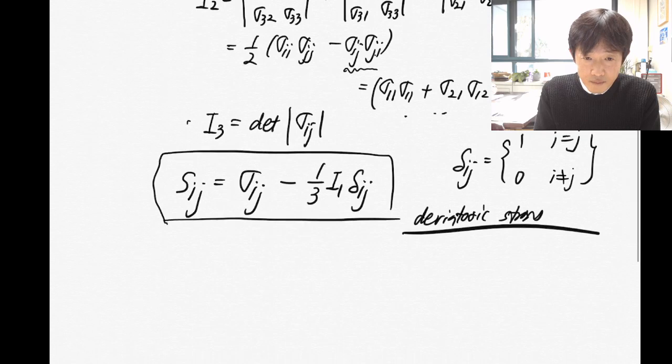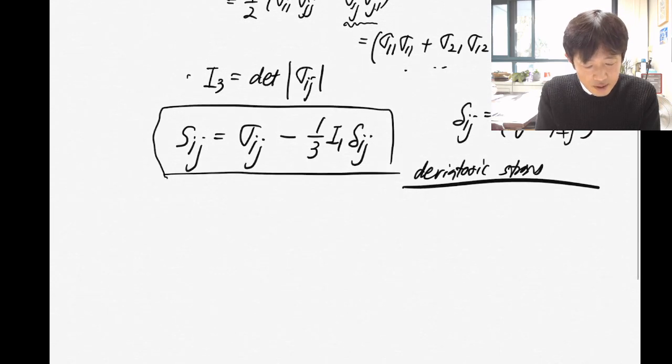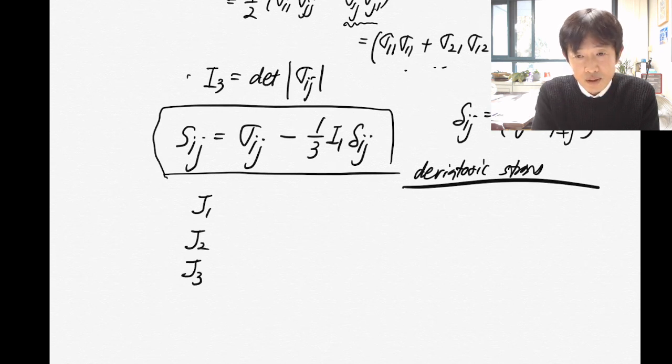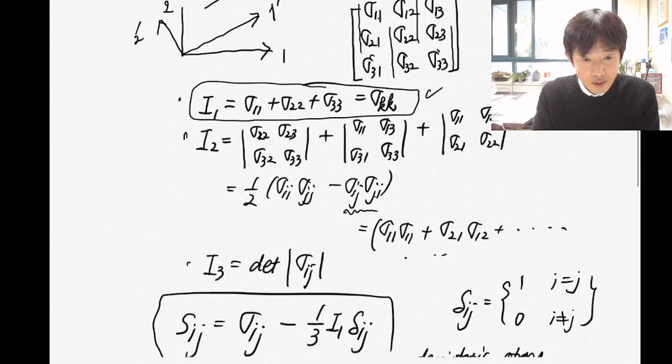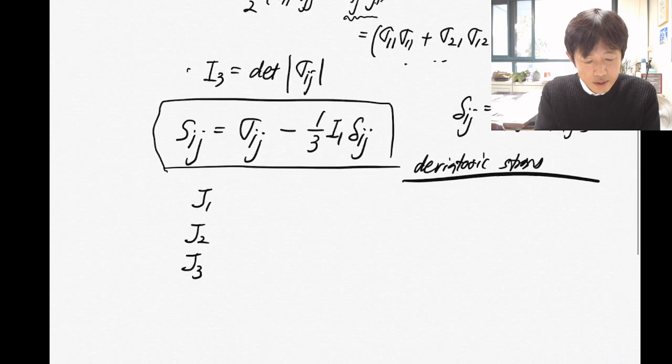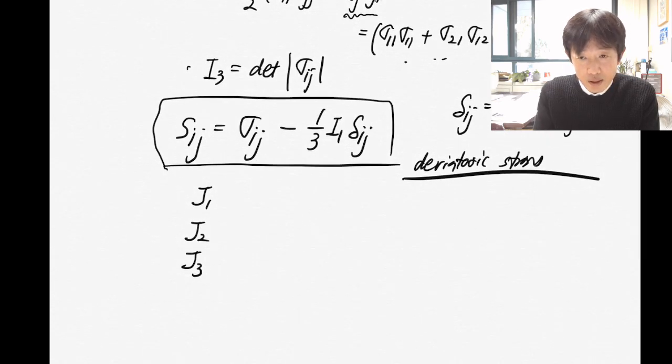The 3 invariants defined for the deviatoric stress we call J1, J2 and J3. They are exactly the same as the stress invariants that we discussed for the ordinary stress tensor. Because we consider only the deviatoric stress part, we use the special variable J.